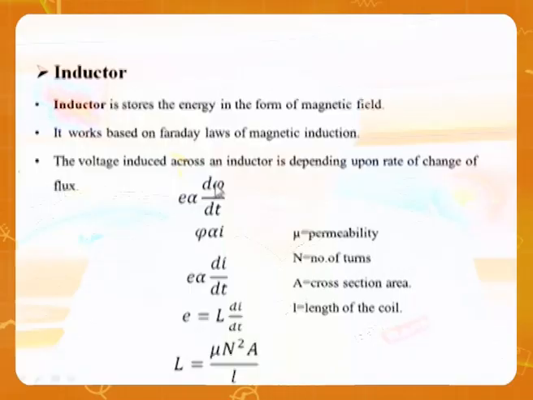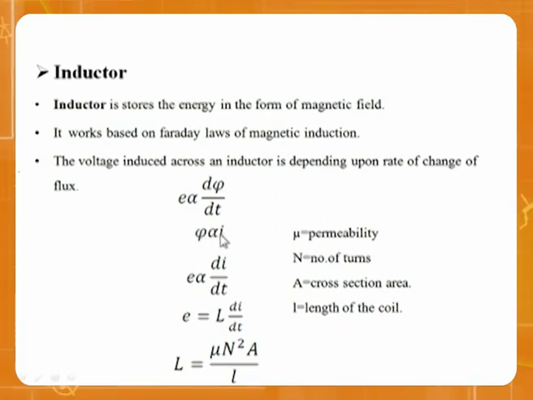So who is connecting or inducing all this? Magnetically. That's why you have E proportional to dφ/dt. This is called Faraday's law. On this simple equation, as your electrical students know, the generator is developed, and the flux depends on I. Therefore, in place of flux we can put I. Therefore, E is L di/dt.